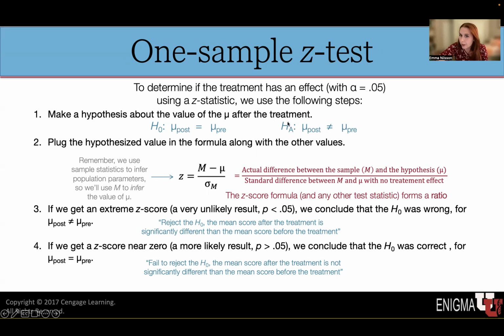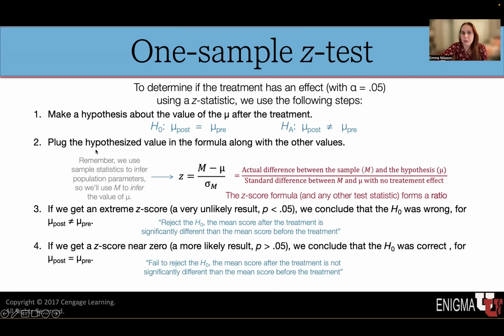The alternative hypothesis is that the population mean after treatment will be different than the population mean before the treatment. And remember, we're going to always state hypotheses in terms of the population. That's why we're using this value here and not an M.